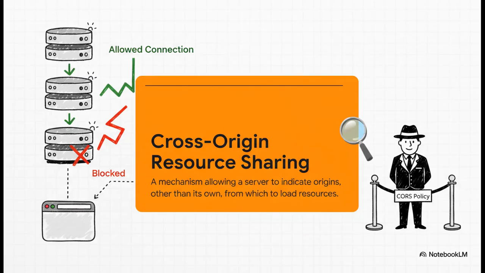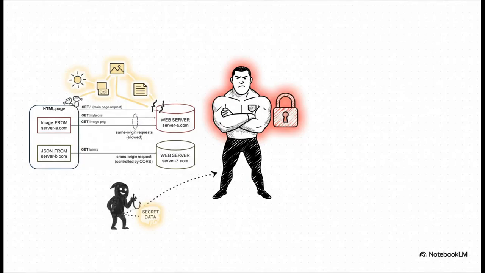But wait a second, you might be wondering, how does that stolen info actually get from the bank's website to some random attacker's server? Well, browsers have this really important built-in security rule. It's called Cross-Origin Resource Sharing, or CORS, and you can just think of it as the bouncer at a club. And this diagram really shows that bouncer doing its job.